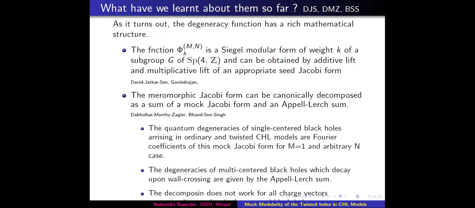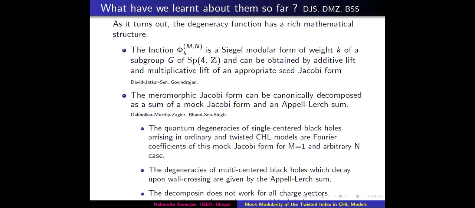So far, whatever I talked about is in the line of understanding more from the physics perspective, but there is more known about this system, and that tells us this degeneracy function has a very rich mathematical structure.